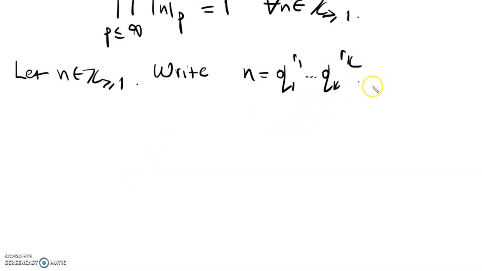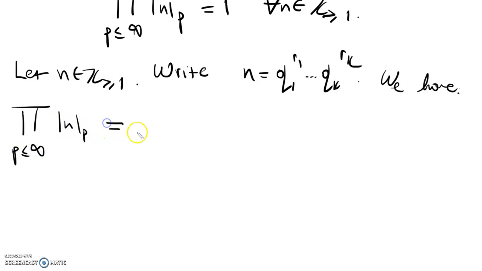So if p is a prime that is not equal to any of the q_i, then Vp of n is going to be 0, because p is not going to divide n.